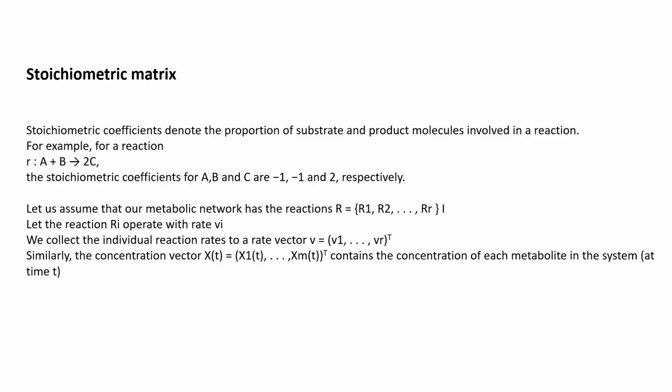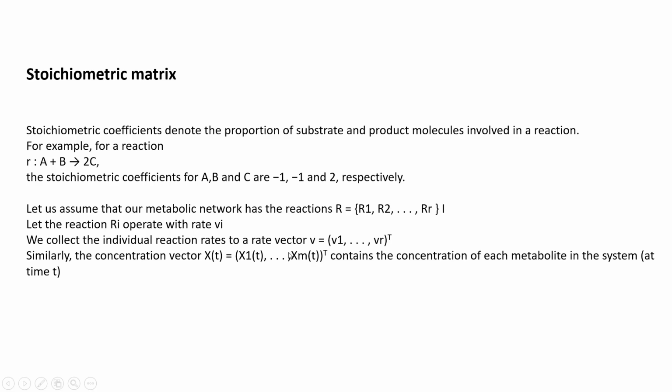So the first concept required to understand how metabolic modeling works and how these models are created and analyzed. The first important thing to know is the stoichiometric matrix. What is it? It is a matrix of the coefficients which are proportional to the substrate and the product molecules involved in the reaction.